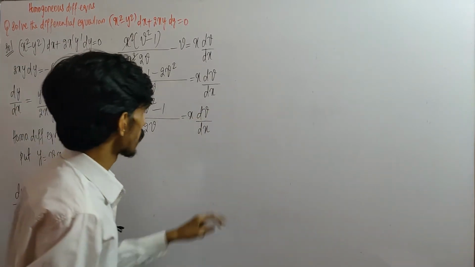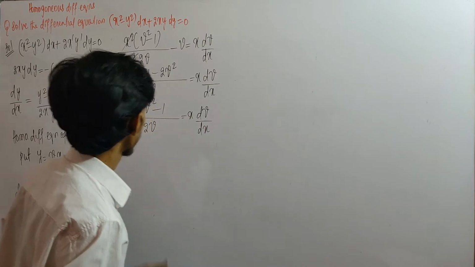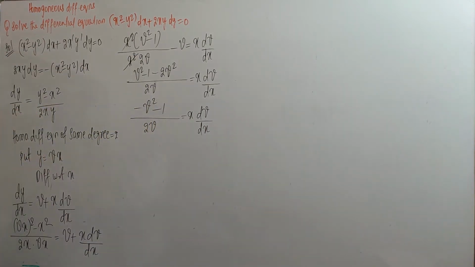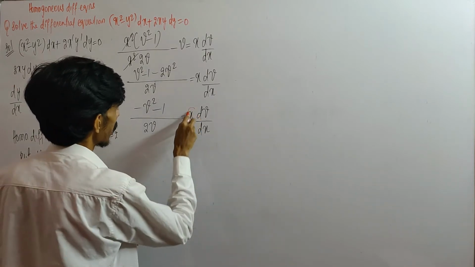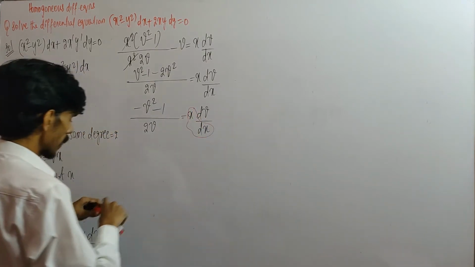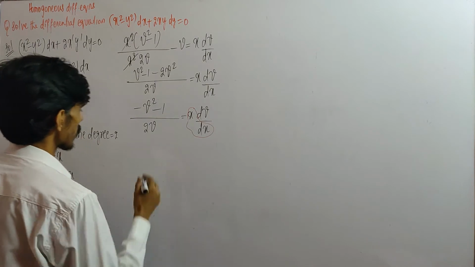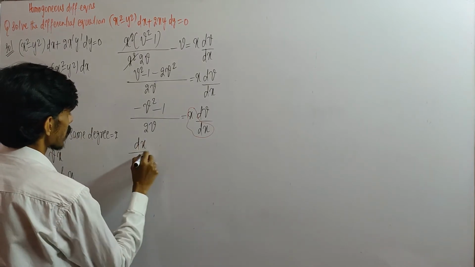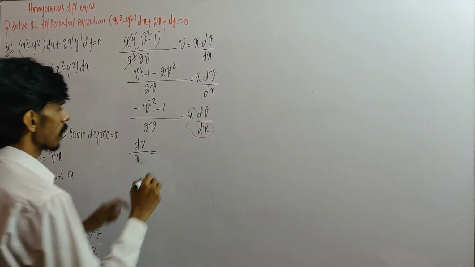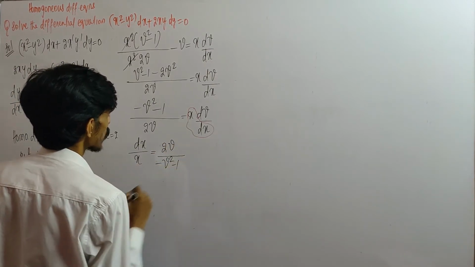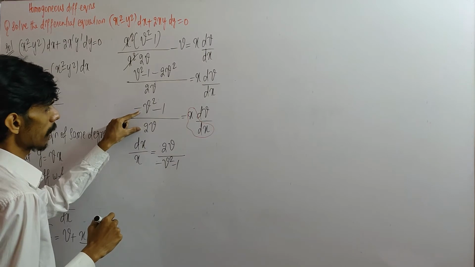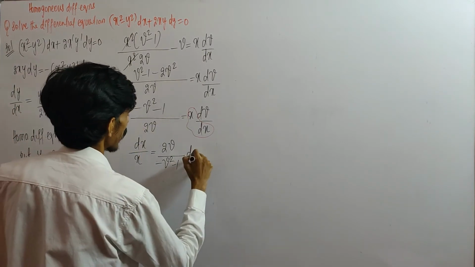We have two variables, one is v, other is x. Now convert this to variable separable form. Take this x dx to this side, it will become reverse, that is dx by x, and this term will become 2v upon minus (v square minus 1), it will become reverse, dv.